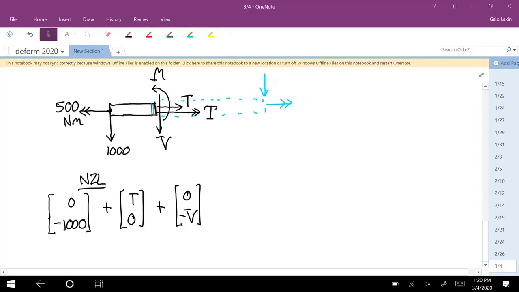But if you always just think about the arrows, whenever you're looking at the free body diagram, you have an arrow that represents a unit vector, and you're multiplying it by a number represented by the variable. So what's a unit vector in the direction of this downward force? 0, negative 1, multiply that by V, and you get this vector 0, negative V.